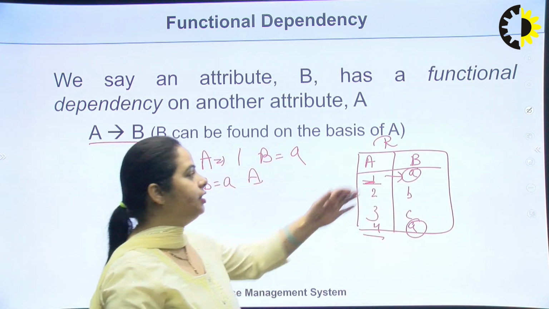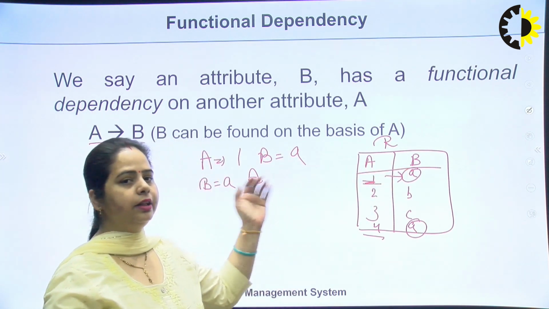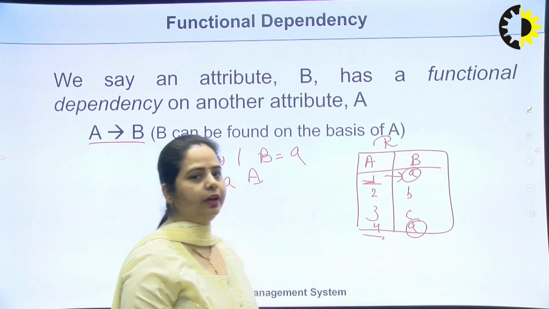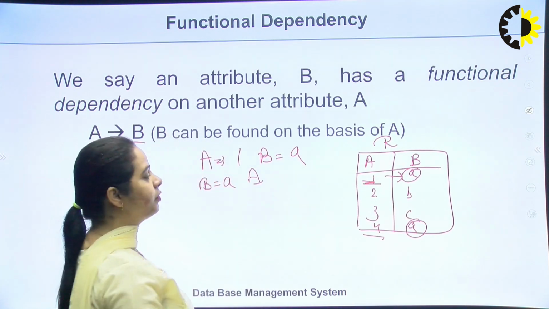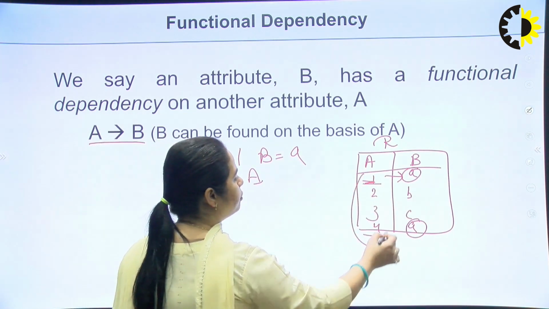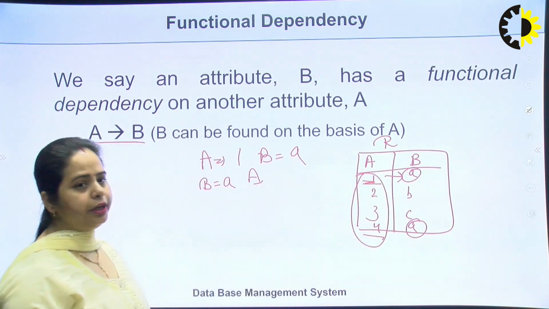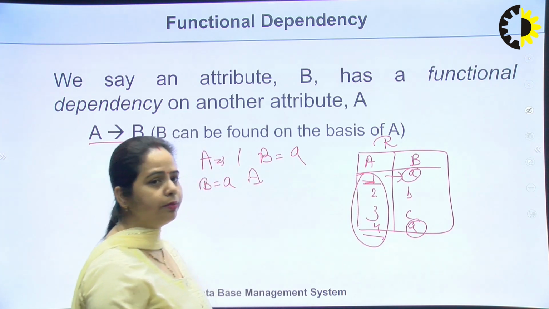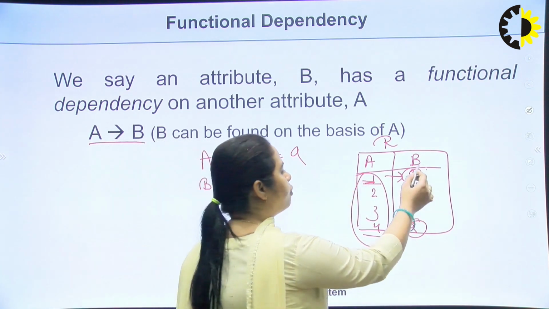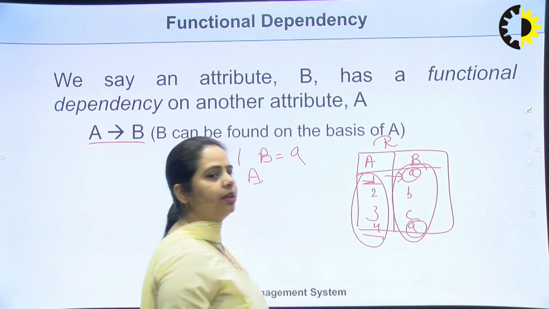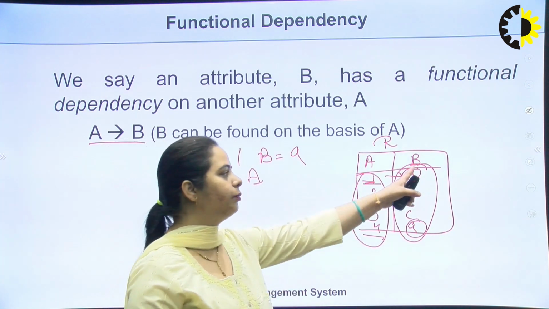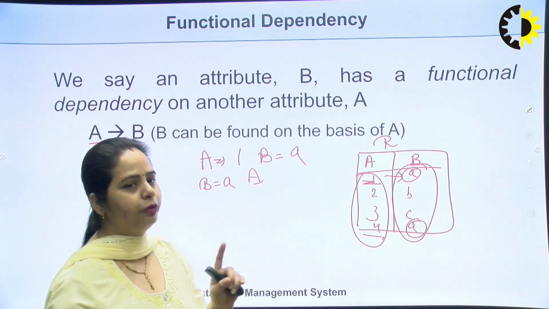So with the help of B, you cannot tell the value of A, but with the help of A, you can definitely tell the value of B. Why is it so? Because all the values of A are distinct and unique. That's why you can tell the value of B. But here the values of B are not unique and distinct. They are repetitive and have duplicacy in their values. So with the help of B, we cannot tell you the value of A.